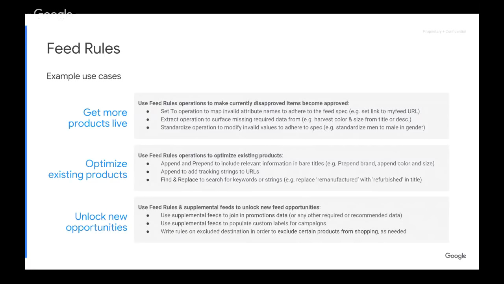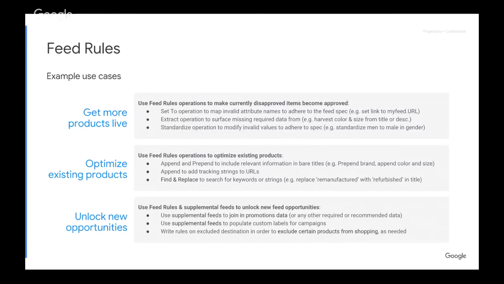Also, a good use case for feed rules is optimizing existing products. So you can use append and prepend functions to make changes to your titles. For example, you can add brand to the beginning of the title, or you could add color and size values to the end of your titles.